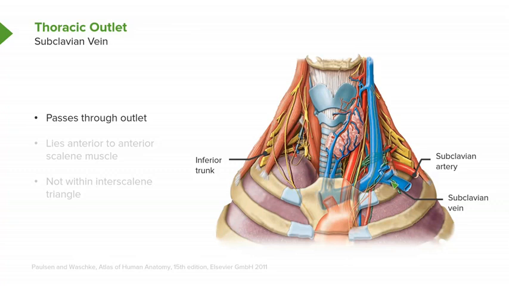However, it will travel over the superior aspect of rib 1, but it lies anterior to the anterior scalene muscle. Consequently, the subclavian vein lies outside of the interscalene triangle, whereas the artery passes through the triangle.